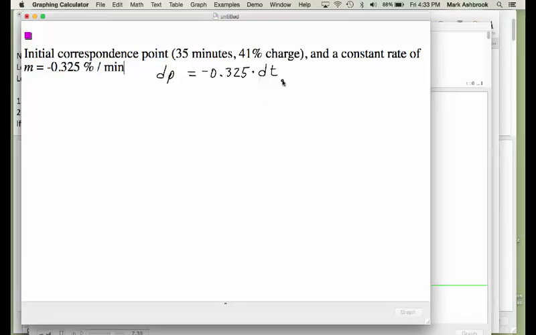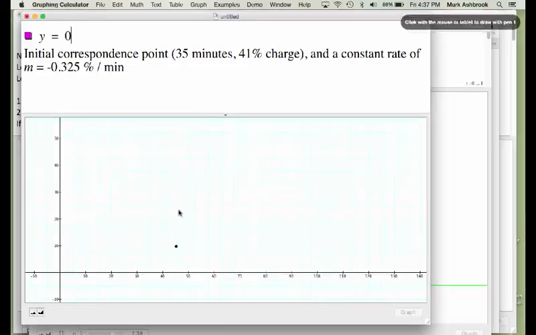So if 2 minutes go by, then 2 times this much percent will be the change in the battery percentage. If 10 minutes go by, then the percent charge in the battery will change by negative 3.25%. So given any change in t, this number is a constant multiple of that change in t that will give us the corresponding change in p, or percentage of the battery.